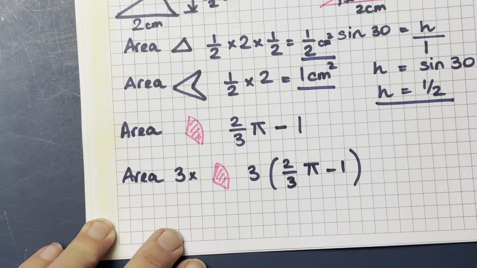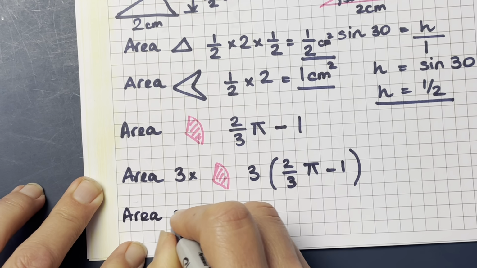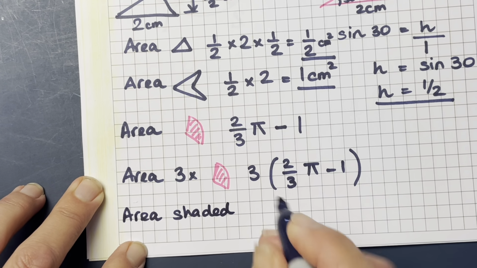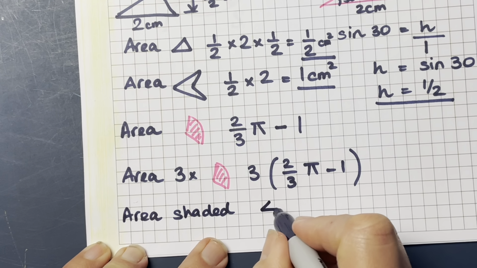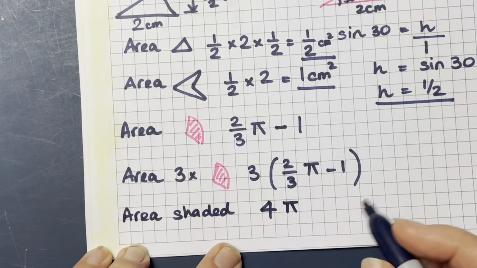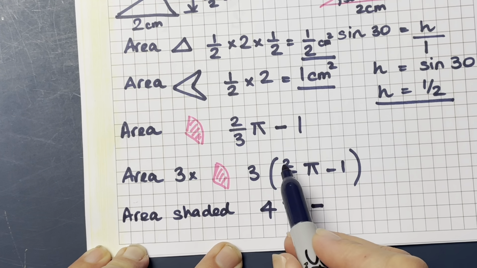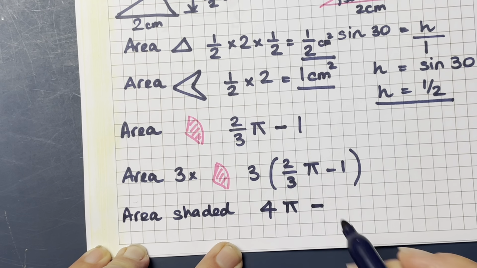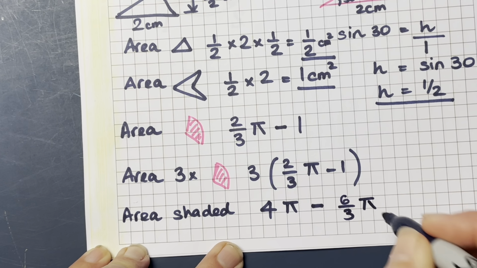All right, so now we want the area which is shaded. So to finish off, we know that the whole circle is 4 pi. We worked that out right at the start, and now we want to subtract this. So let's expand it as we go. We've got 3 lots of 2/3 pi, so that's going to give me 6/3 pi.